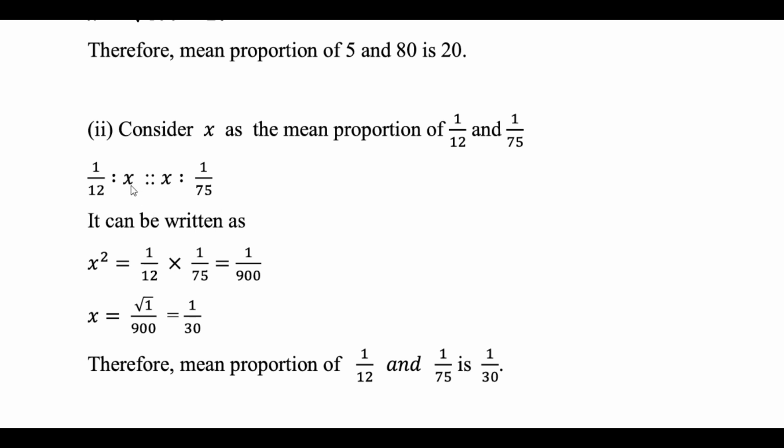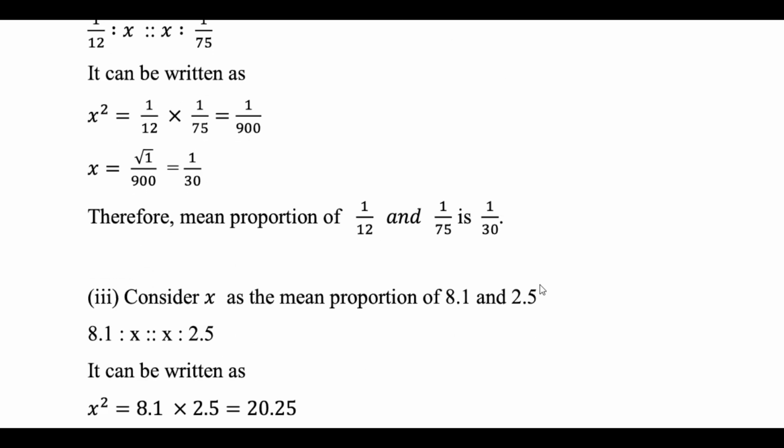After that, I will multiply the second with the third one, that is, x square will be equal to the multiplication of the first and fourth. So that comes to x equal to 1 by 30. So the mean proportion of 1 by 12 and 1 by 75 will be equal to 1 by 30.